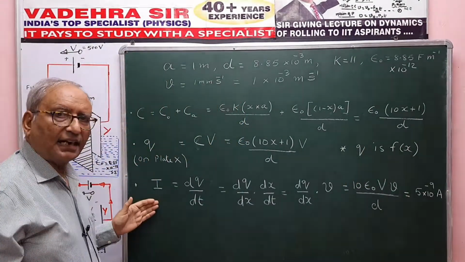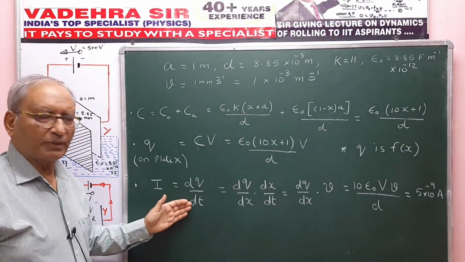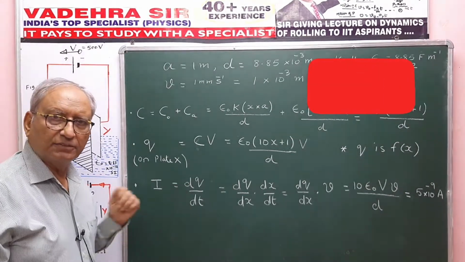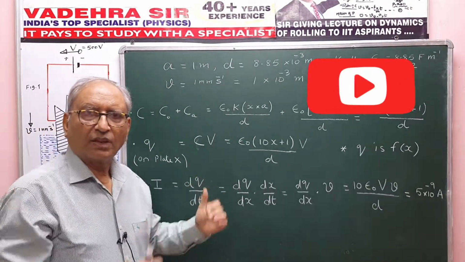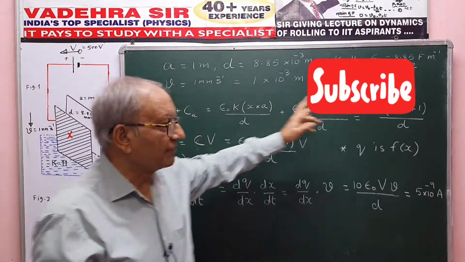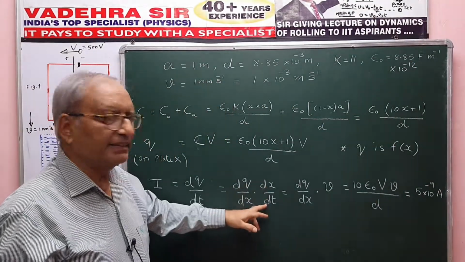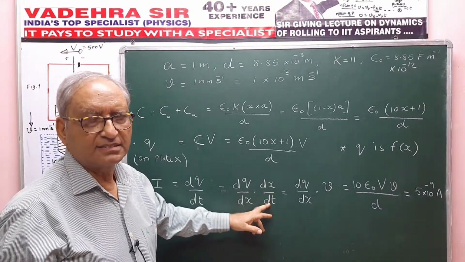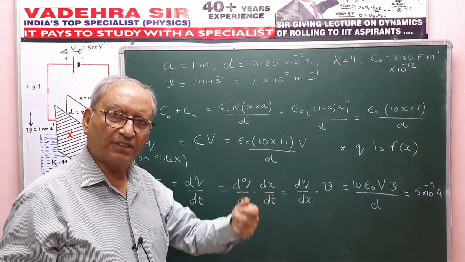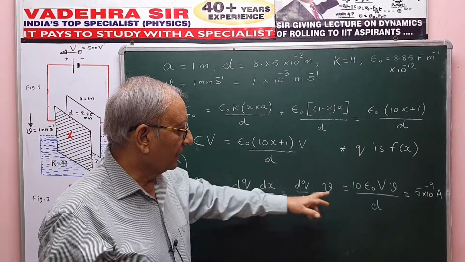To find the current I, it is the rate of change of the instantaneous charge with time, so it is dq by dt. I use the chain rule. This can be written as dq by dx into dx by dt. Q is a function of x, so we can take an easy derivative of that. dx by dt is the velocity with which the plates are coming down, value given. So this becomes dq by dx into v.